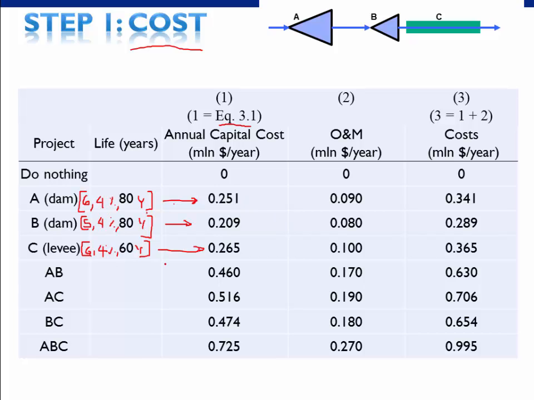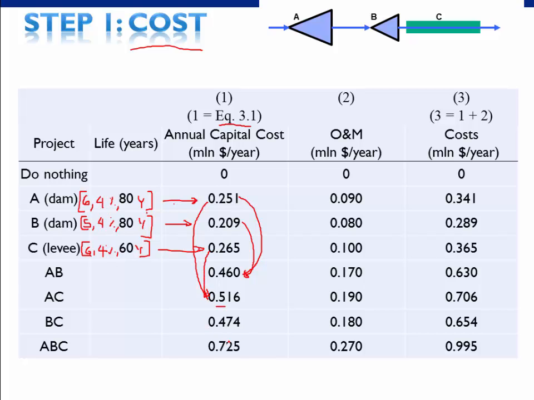Well, for this policy that includes the two large reservoirs, you just add these two, and basically you get 460. Similarly, this is when you add A and C.